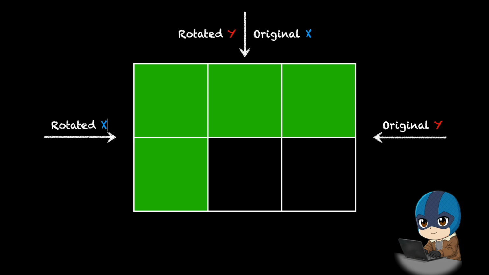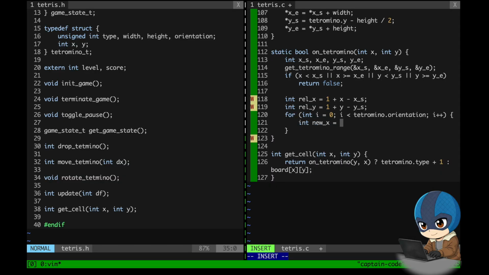Now let's take a look at what actually happens when we rotate a tetromino clockwise. As you can see, these are the original and rotated coordinates. And since we are going to translate back the rotated coordinates to the original ones, our new x will be the previous y, and our new y will be the width of the tetromino minus x. So that's exactly what we do in every iteration.